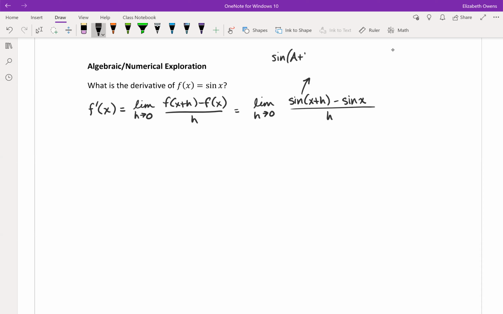It looks something like this. The sine of a plus b, often we'll learn it that way, or x plus y or something like that. But this is going to be sine a cosine b plus cosine a sine b.